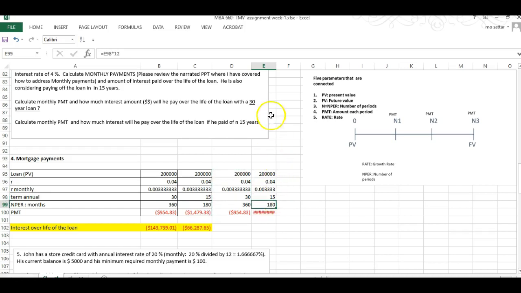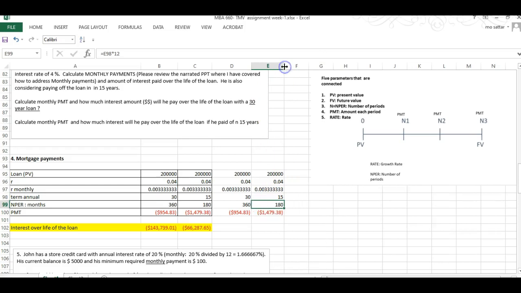It's going to calculate the amounts. Obviously, for a 30-year mortgage, we would be paying a lot less per month because it is spread over a longer period. If you want to pay it off earlier, in 15 years, which would mean 180 periods, you will pay it off at 1,479.38 per month.